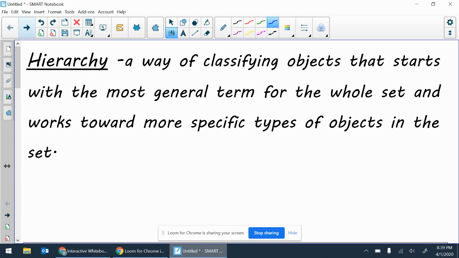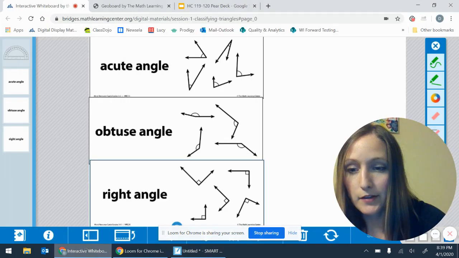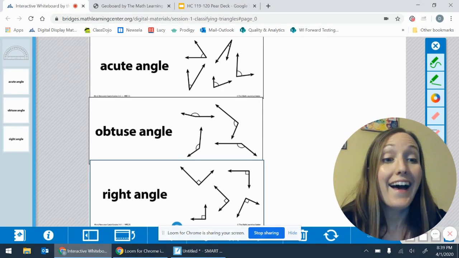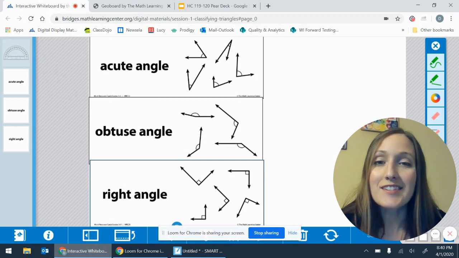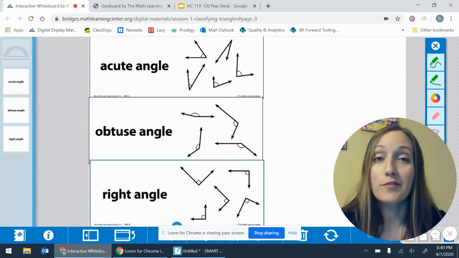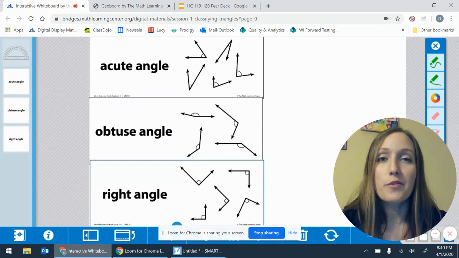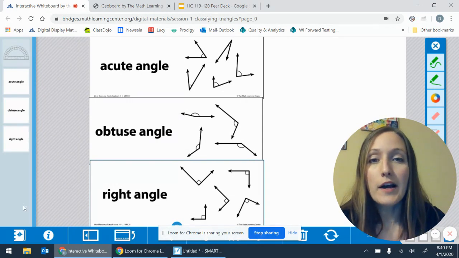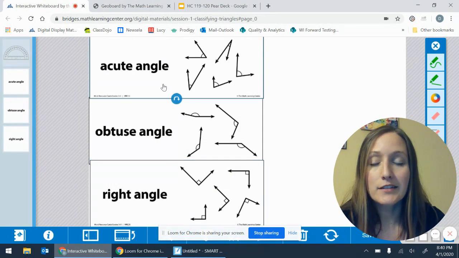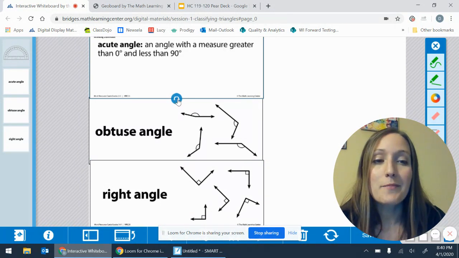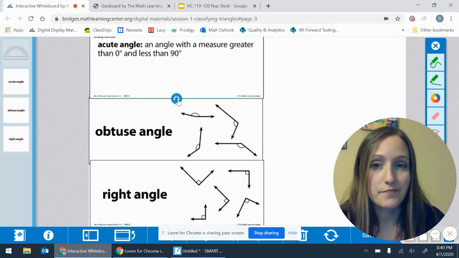Okay, next piece of vocabulary that you will be talking about is our angles. You guys have learned about these before, so let's go through them one more time. What is an acute angle? An acute angle is an angle that measures greater than 0 degrees but less than 90 degrees.